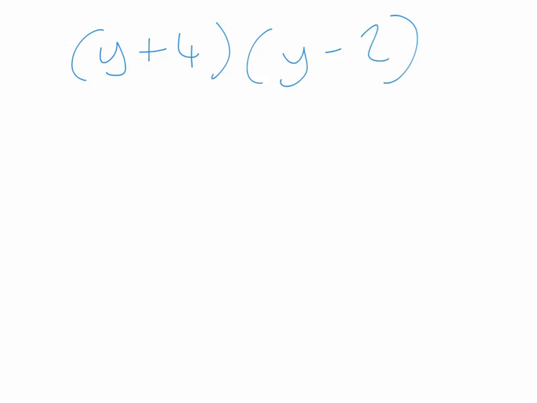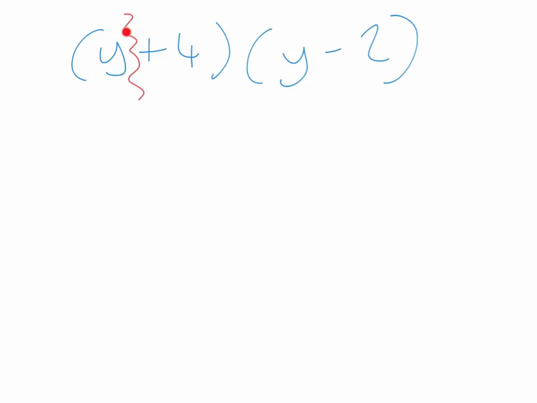This is a similar question to the last one, except we have y's in it and one of our terms is a minus. But we do the exact same thing. Brackets mean multiply, so we want to multiply everything in this set of brackets by everything in this set of brackets. And we again have two eggs, so what we want to do is crack open the first egg.